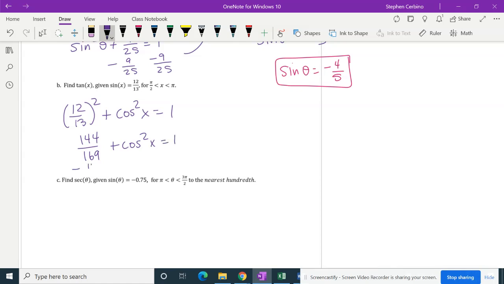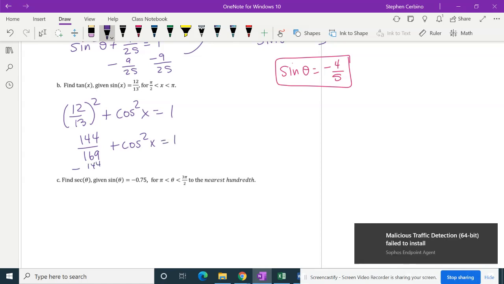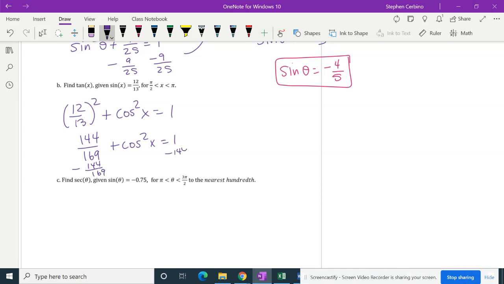If I subtract that fraction to the other side, I have no idea what that is. All right, we're going to use our calculators here, and we're going to get 25 over 169.